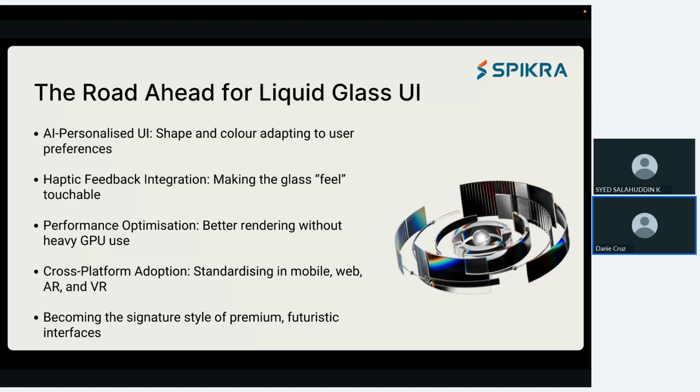Haptic feedback could soon make it possible to feel the movement of liquid on touchscreens, and we will also see performance improvements so it runs smoothly even on low power devices. Eventually, I believe it can become a cross-platform standard, appearing in web, mobile, AR, VR, and some physical device interfaces.